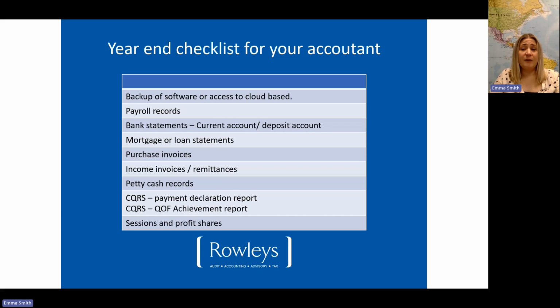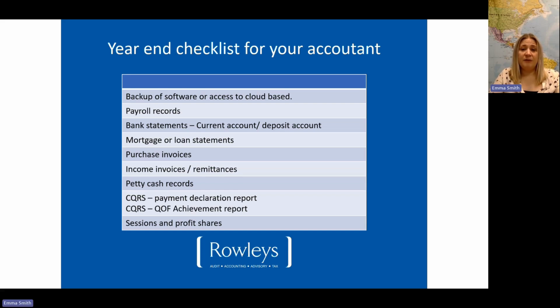They might request a further backup at a later date, which will include any income or expenditure received or paid after the year-end date. If you're using Xero or another cloud-based system, you will need to allow access to your accountant. Please note that once you've given access to your accountant, this doesn't need repeating each year. It's a one-off thing.